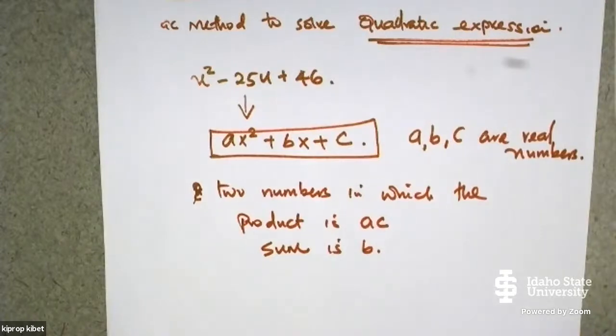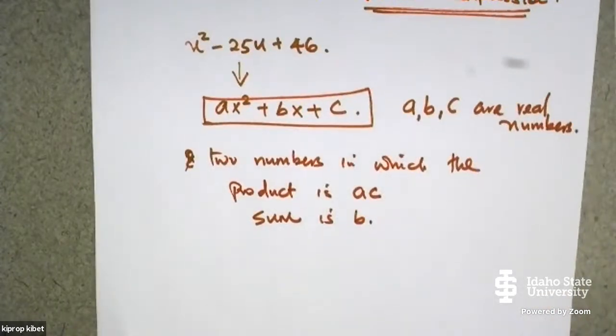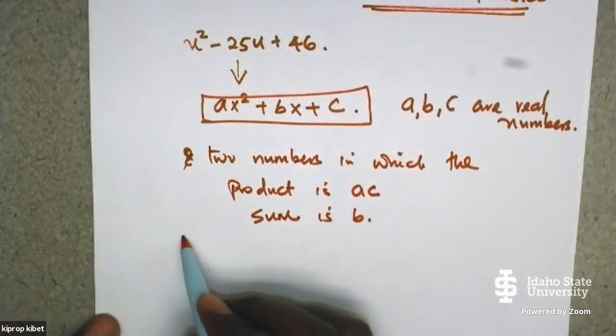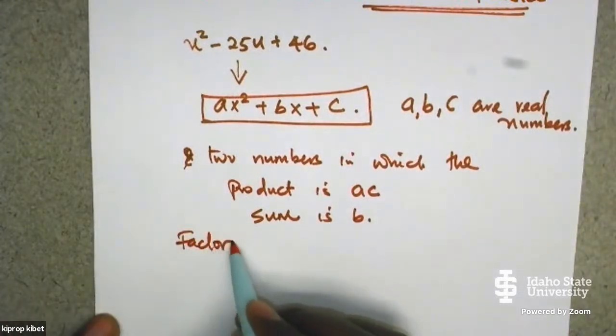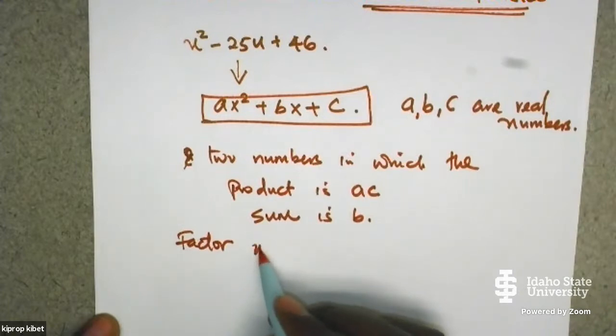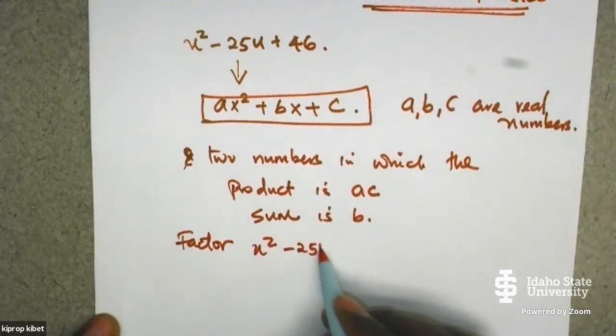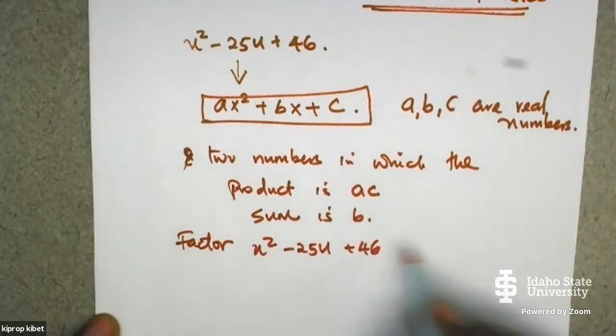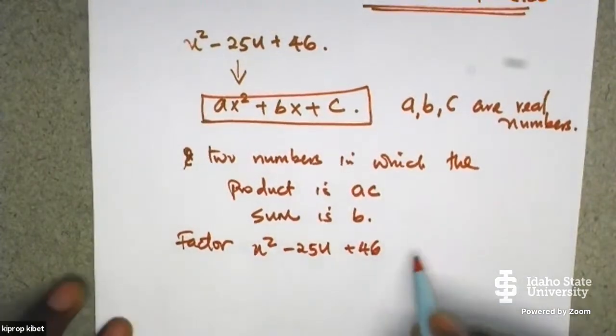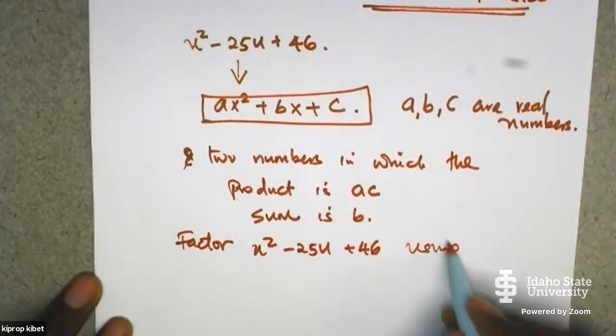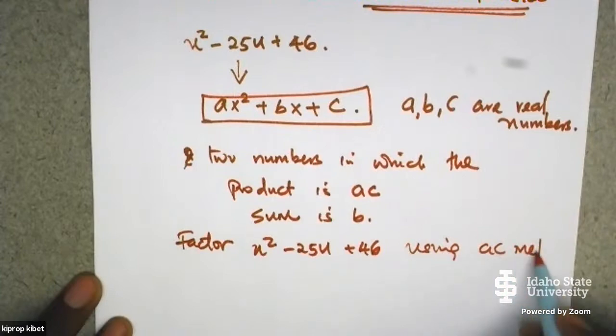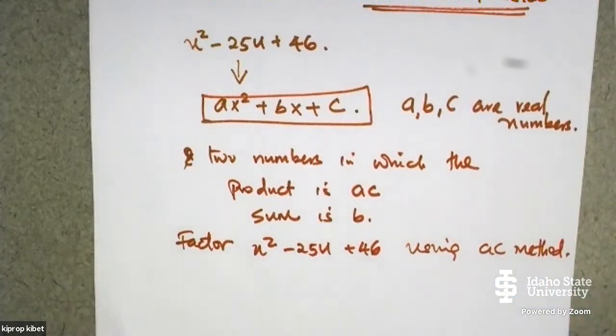So here, if you are told to factor u square minus 25u plus 46 using AC method, then you should know how to use that AC.